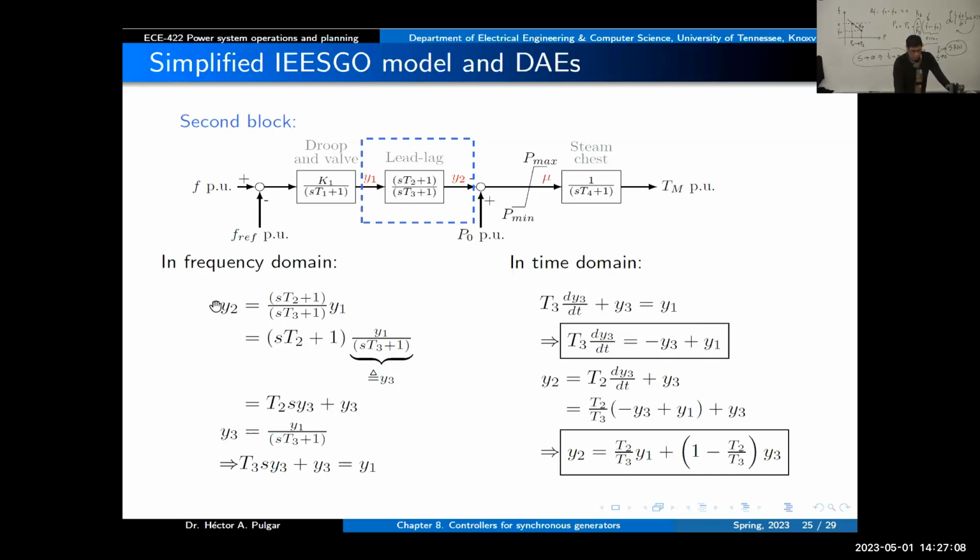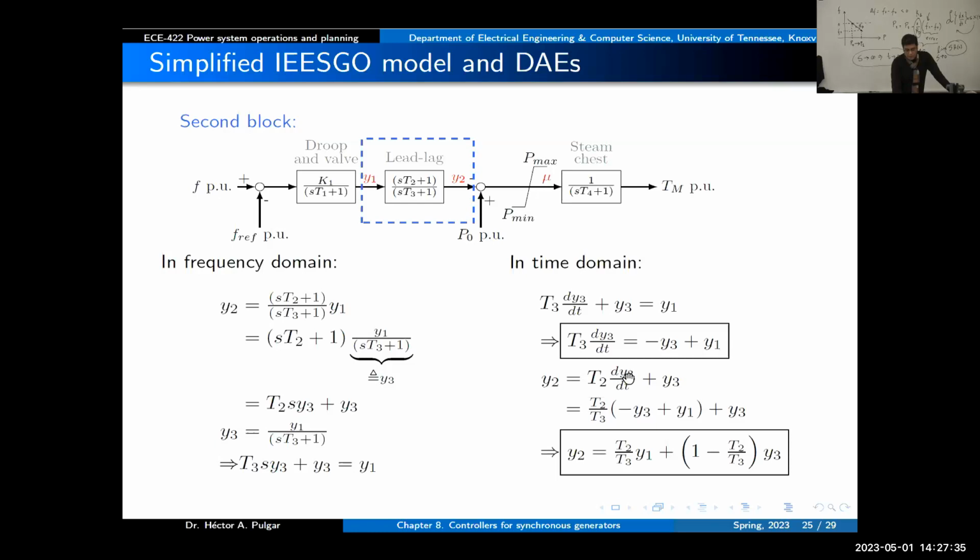And for the other equation, which is Y2 in terms of Y3, we're going to have Y2 equal to T2 multiplied by the derivative of Y3 in time plus Y3. Even though that sounds tricky, we already have an expression for the derivative of Y3 in time.